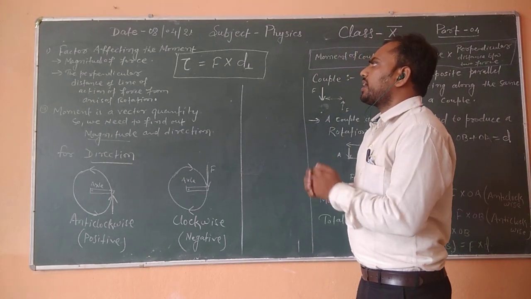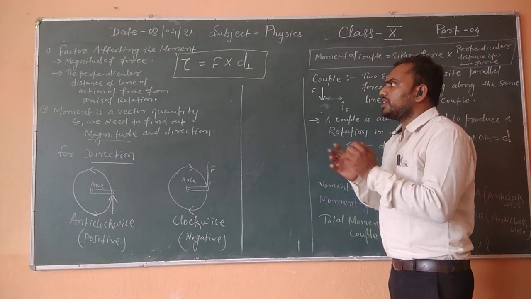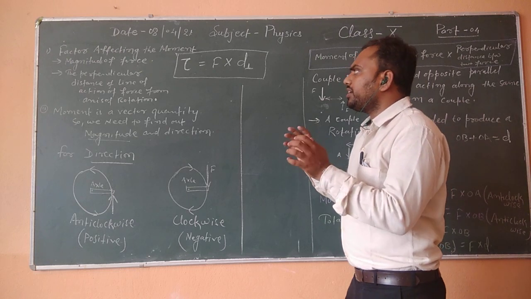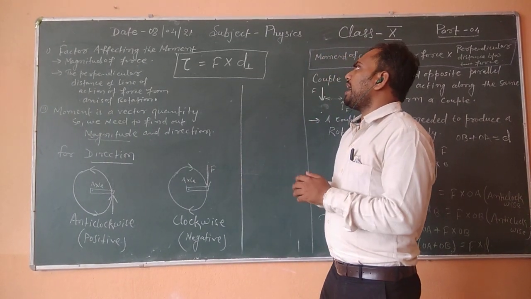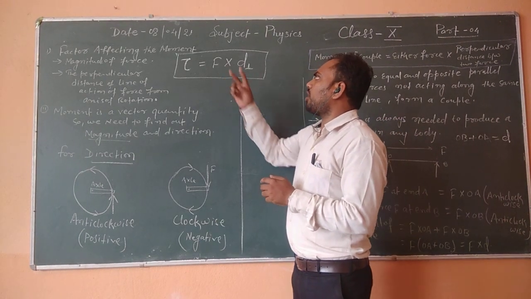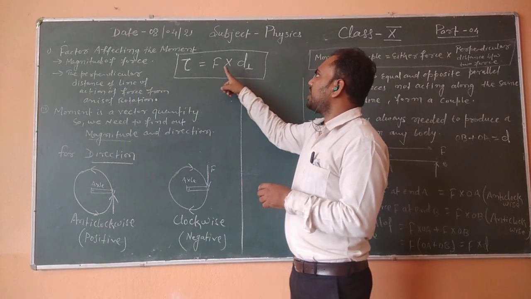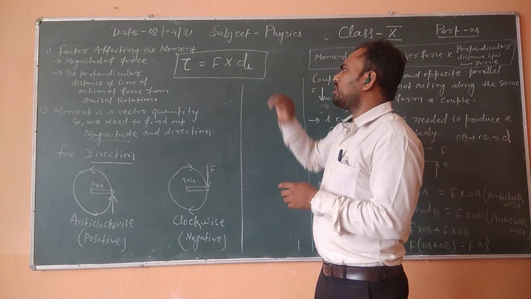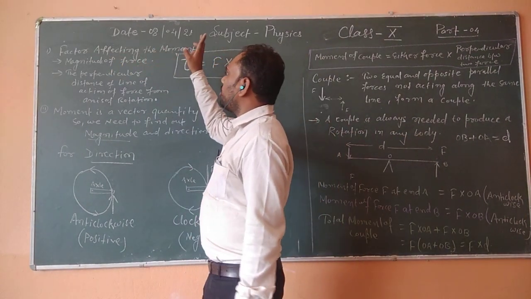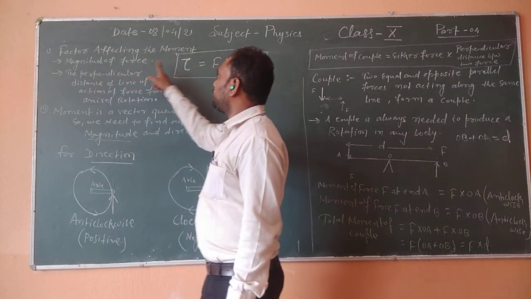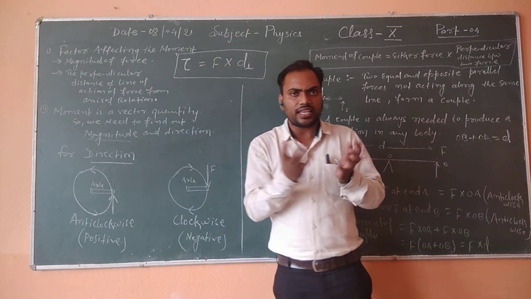Means on what criteria, on what things basically the moment depends. Moment depends on two things, as mentioned in the formula, that is force and perpendicular distance. So the factors affecting moment are the magnitude of force, meaning how much the force is.